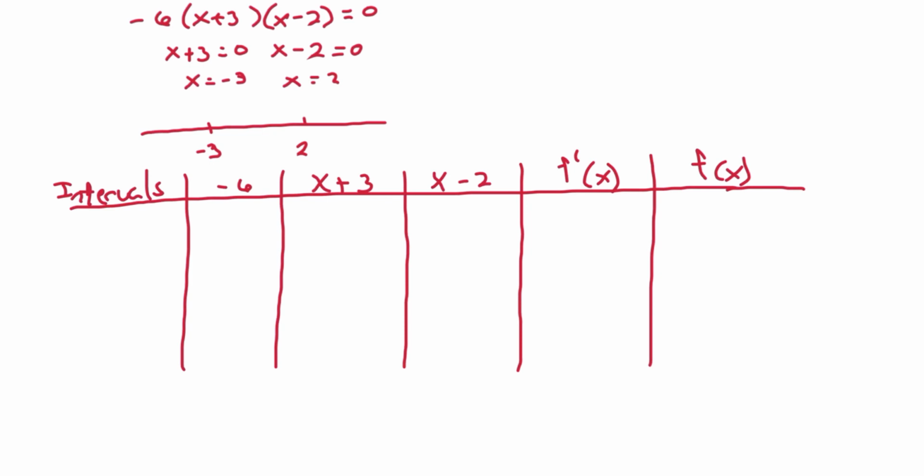So the intervals are to the left of -3, between -3 and 2, and to the right of 2.